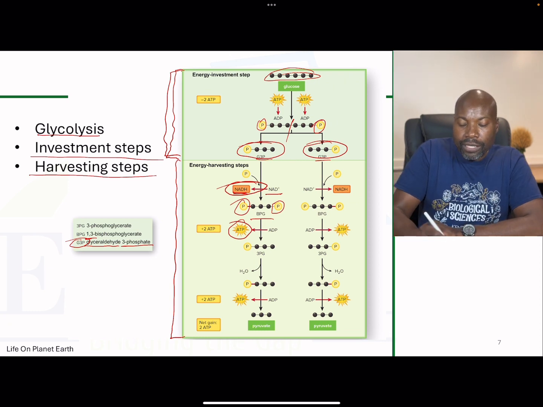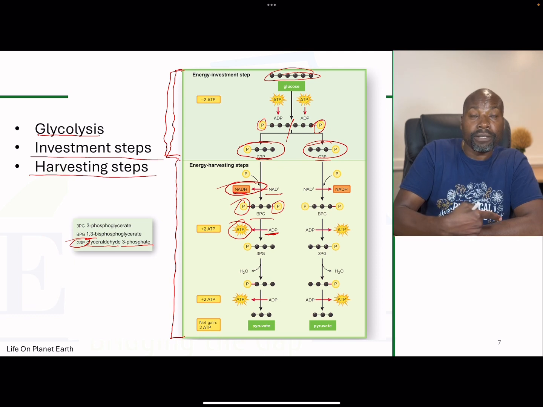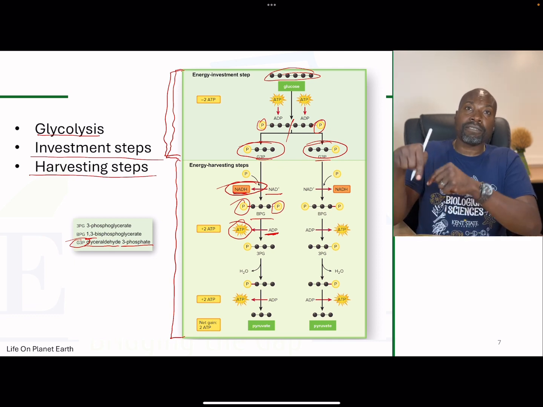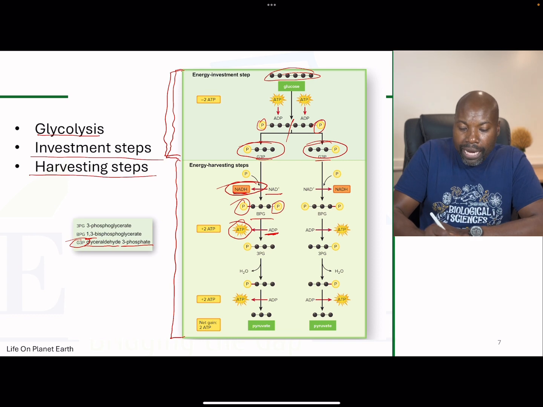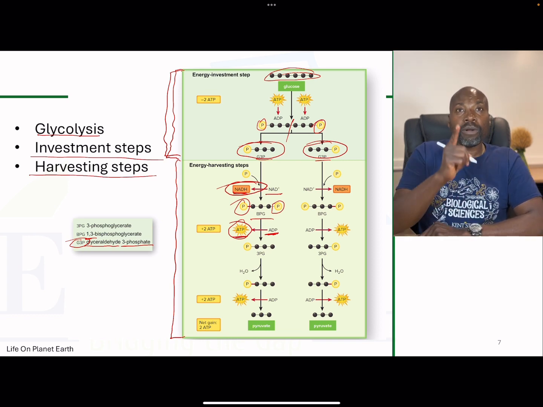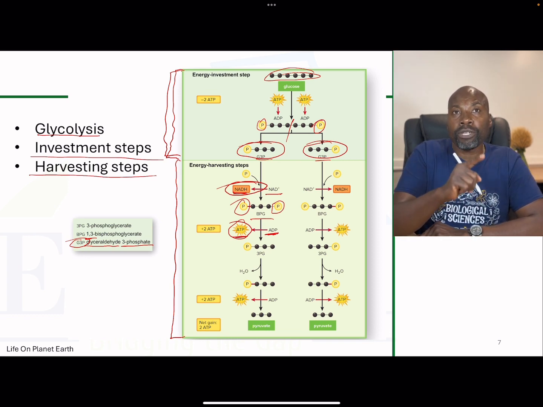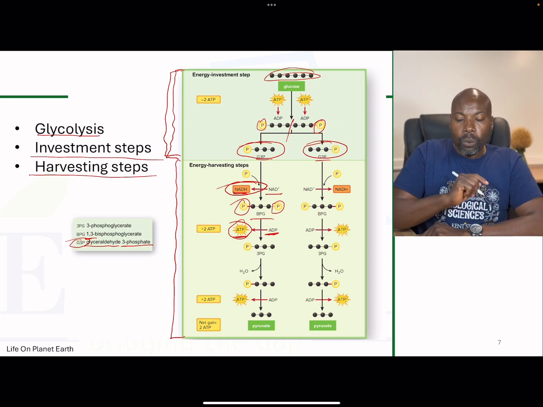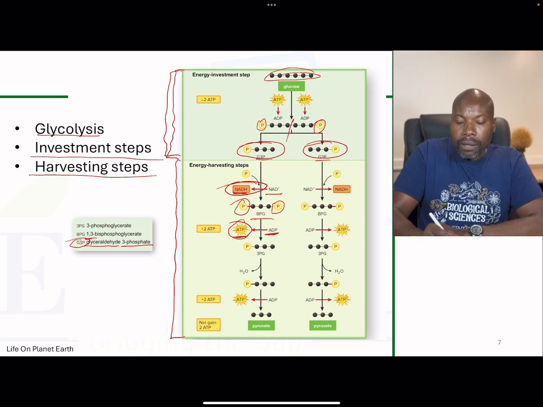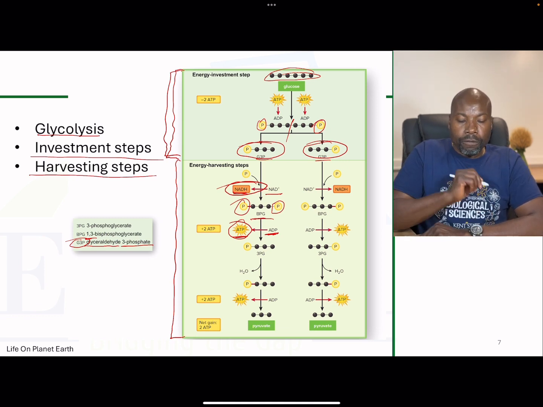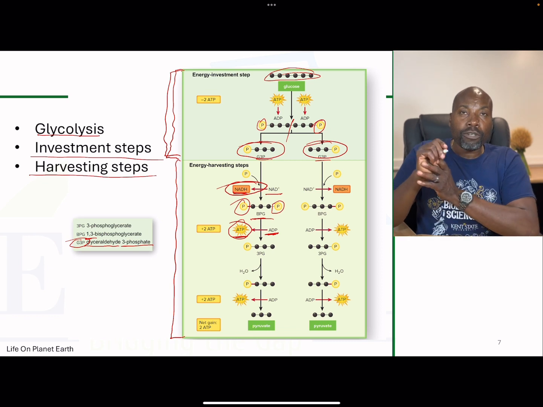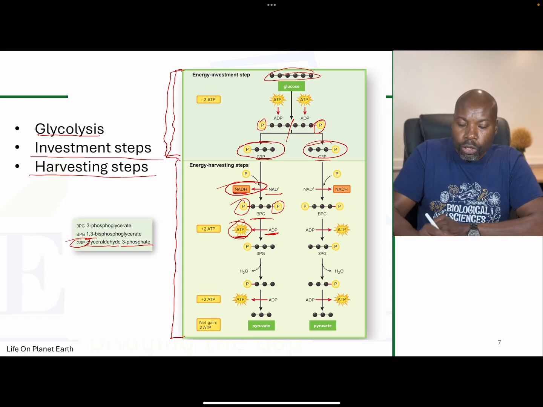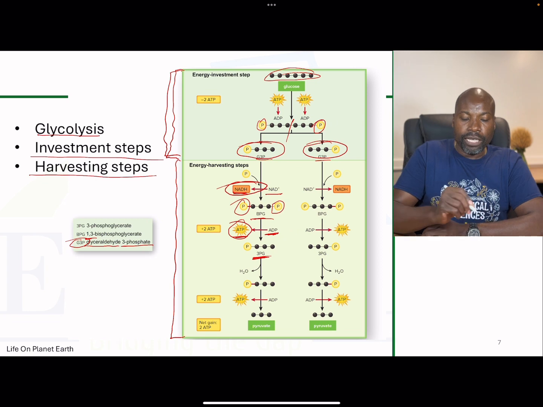Okay? Notice that you have an ADP that comes as input, right? That ADP is phosphorylated to become ATP. Okay? Remember the cycle of ATP production from the previous chapter, right? Now, we are going from 1,3-bisphosphoglycerate to 3PG. 3PG is 3-phosphoglycerate.